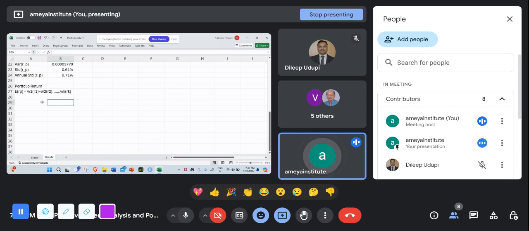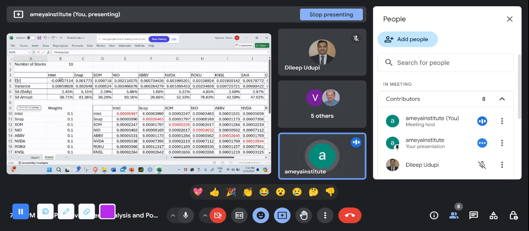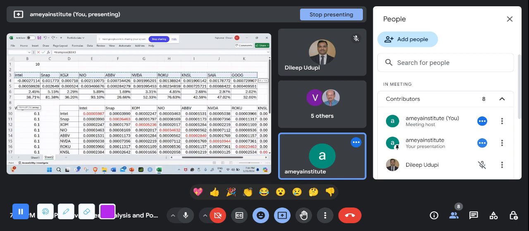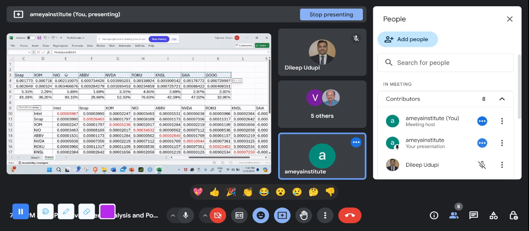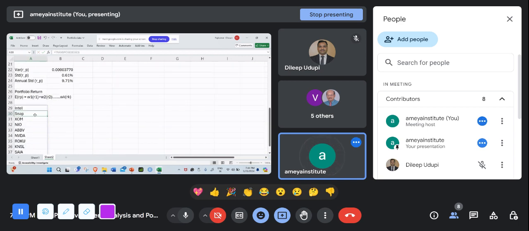So now what all we need? First we'll take the name of the company. So let's take the transpose function here. First we'll write down the names of the companies. Okay, so we got the names.